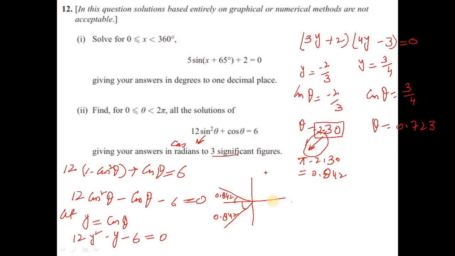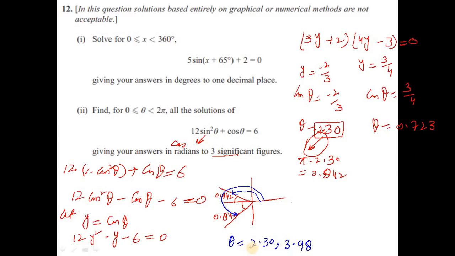My first solution is pi minus 0.842, so my first answer theta is 2.30, and my second answer is pi plus 0.84, which will give me 3.98.